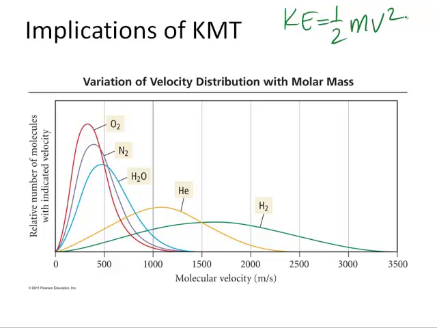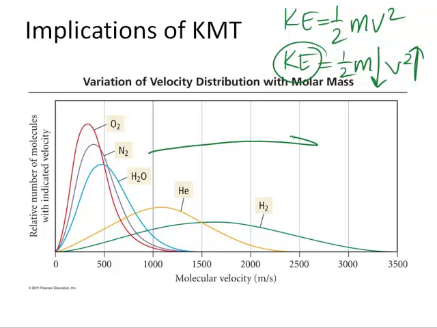If all of these gases are at the same temperature, same nominal kinetic energy, you can see that as the mass goes down, the velocity must go up to keep kinetic energy constant. And so that's why the velocity of gases increases as we go to smaller molecules.